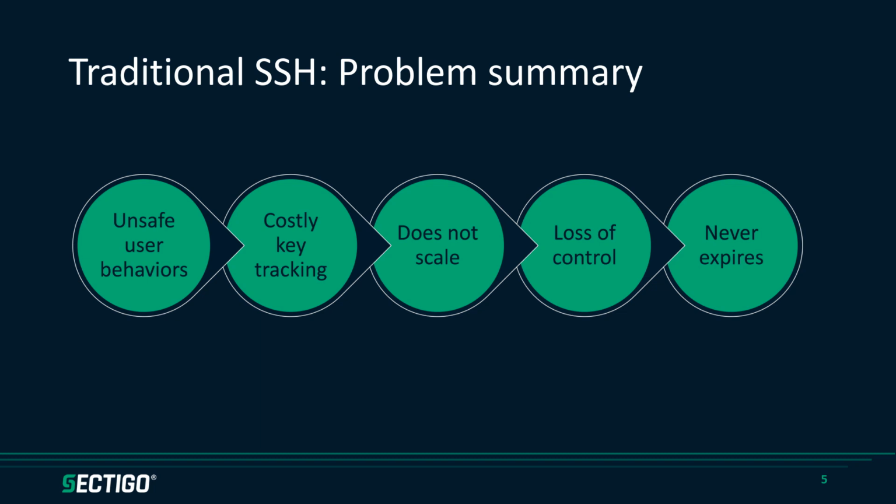The one that we're going to hit on the most is the first one, the unsafe user behaviors. But I'm going to refer to some of these other problems to some degree in the rest of the webinar, especially this problem of key tracking.